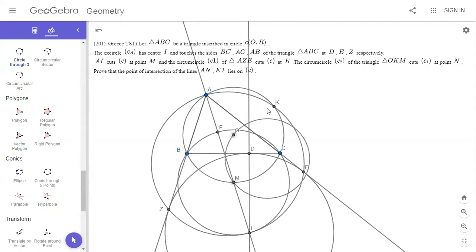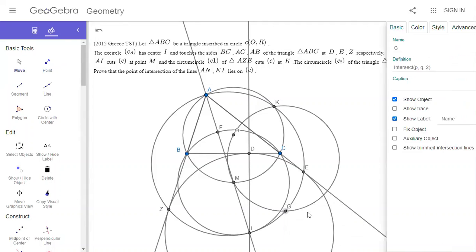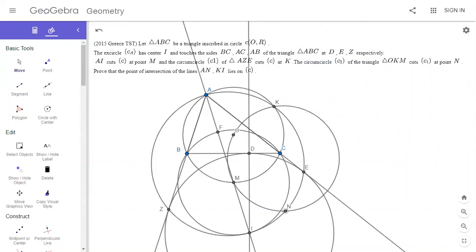So draw the circumcircle of this isosceles triangle, and it cuts C1 at a point N. And we want to show A, N, K, I lie on the circle. So let's check it out. That looks like it's true.